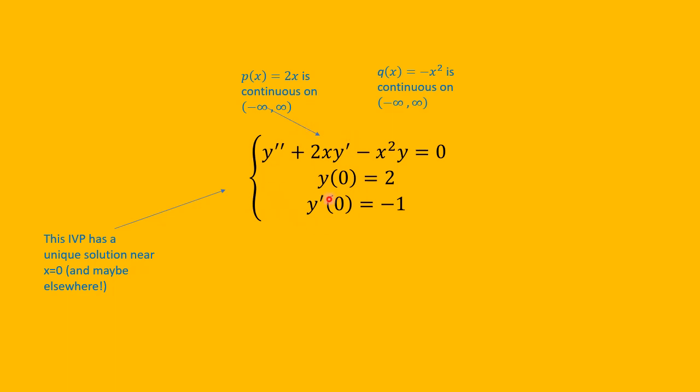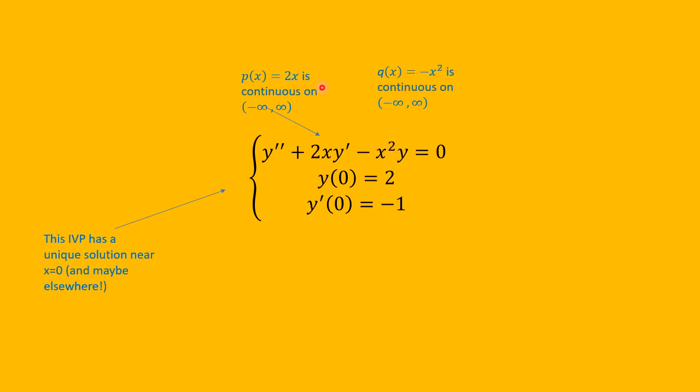Coming back to this initial value problem, remember that we would look at this equation as y'' + p(x) y' + q(x) y = 0. In this case, the p(x) function is 2x, and the q(x) function is minus x squared.